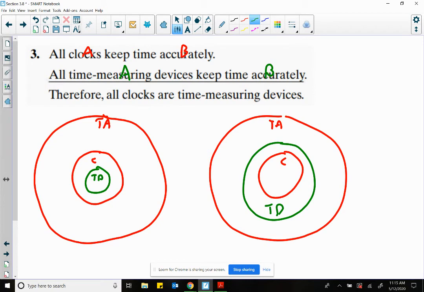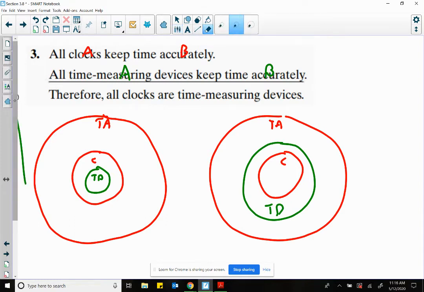The time devices is still inside the time accurately. Those are the two things that we have to meet. Okay? It says clocks are inside the time accurately. Time measuring devices, time devices are inside the time accurately. And again, over here, I still got that. Clocks are inside the time accurately. And time devices are inside the time accurately.